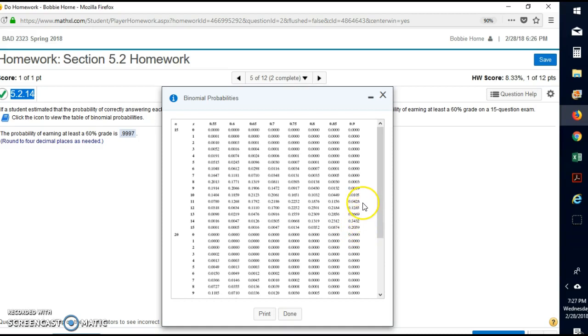So the probability of getting 9 or more questions right, at least, means greater than or equal to 9.